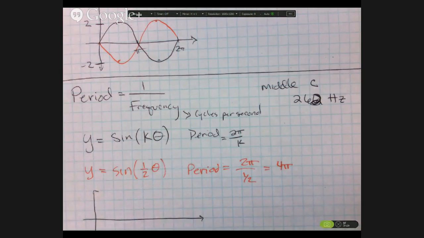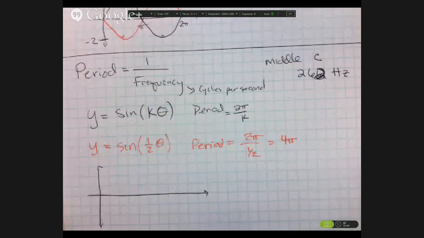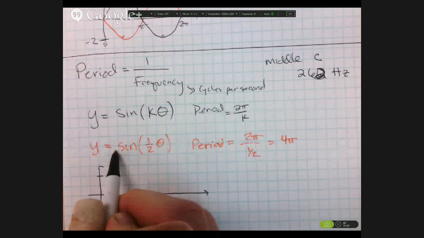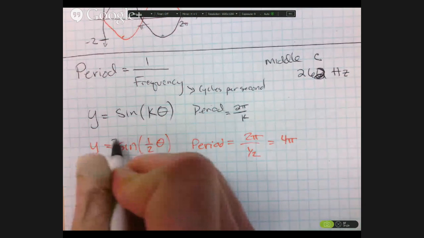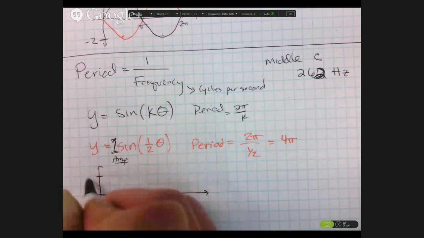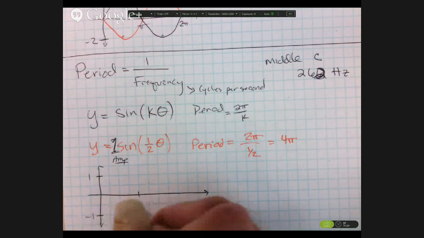Now, if I want to graph that, what's my amplitude? It's 1. Okay. Now my period is 4 pi.